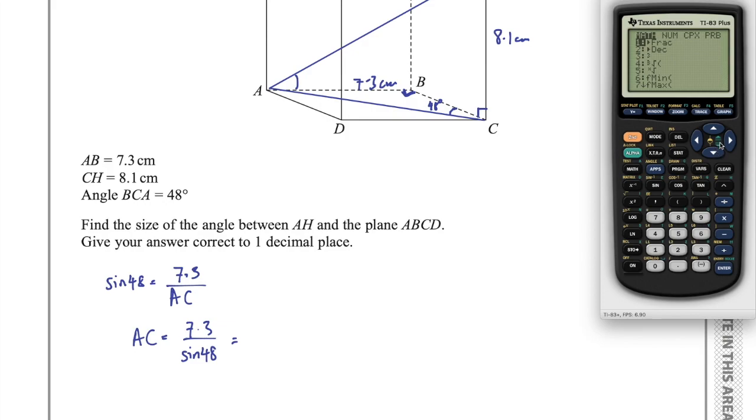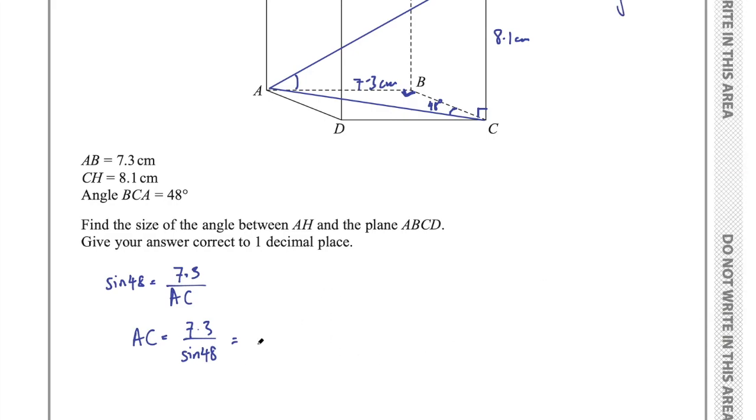Make sure your calculator is in degrees. 7.3 divided by sine of 48, and I get 9.82 approximately. 9.823, and you can write dot dot dot so you don't have to give an approximation. That just shows that the decimals keep on going. So now I have AC.